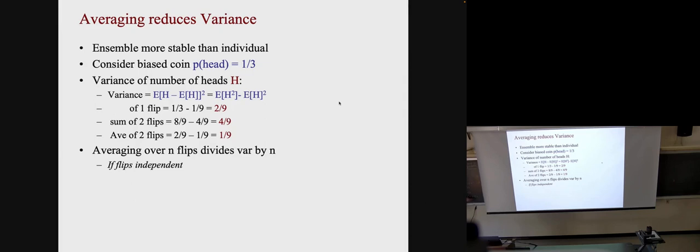So if you sum these up, 0.512 plus 0.128 plus 0.128 plus 0.128, that's the probability that the ensemble is correct, because these are the only 4 cases when the ensemble is correct with majority voting.